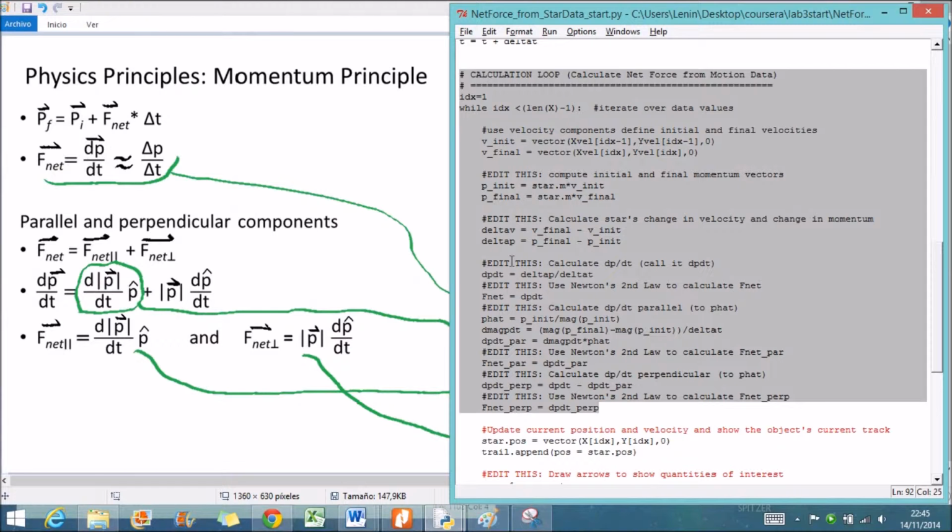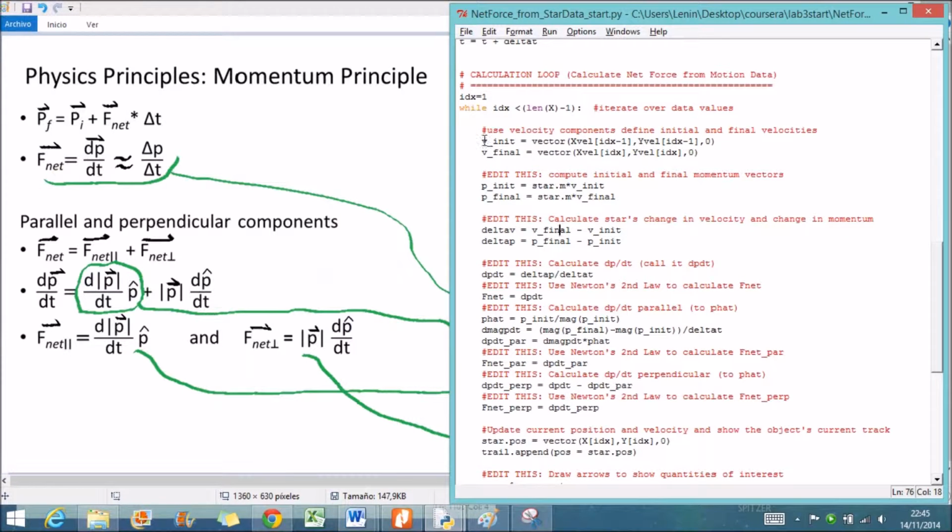First of all, we define some quantities, for example the initial velocity and final velocity of the star, and the initial momentum and final momentum of the star, and finally delta v and delta P, the change in velocity and the change in momentum.